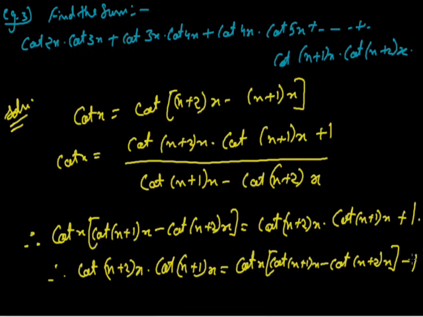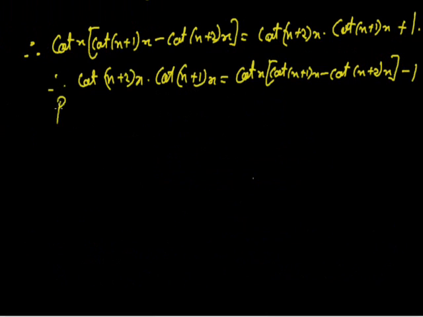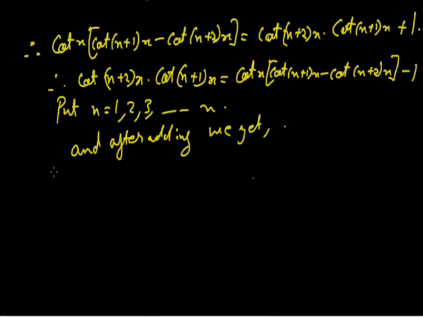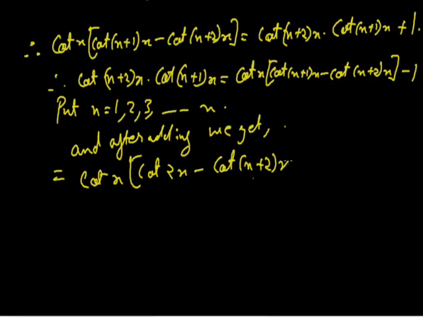We have taken 1 to the left hand side. Now put n equals 1, 2, 3 up to n, and after adding we get the sum is equal to cot x (cot 2x minus cot (n+2)x) minus n.